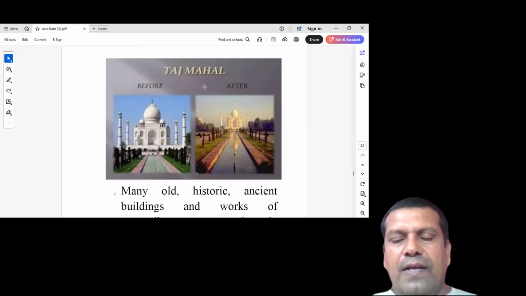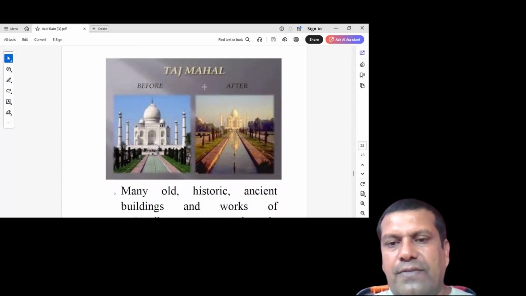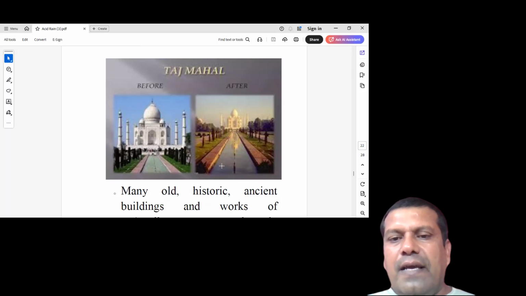But because of acid rain, that is the reaction of sulfur dioxide and nitrogen dioxide leading to the formation of nitric acid and sulphuric acid, the color of the white marble changes and appears yellowish. So look at this: before acid rain, the Taj Mahal looks pure white marble, but after being impacted by acid rain, it is turning into a yellowish color.